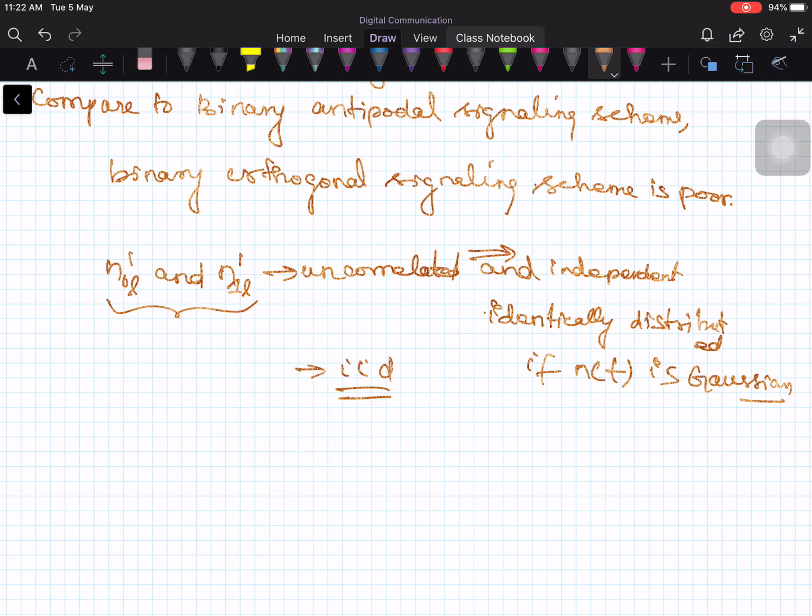That is a drawback of this method, but you can demodulate the orthogonal signaling schemes using two matched filters. With this, let me stop. In the next lecture let me talk about how to demodulate the passband orthogonal signaling schemes. Thank you very much.